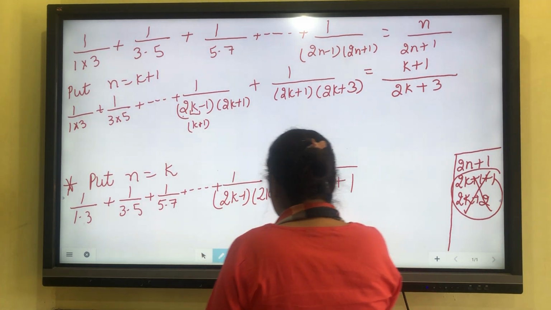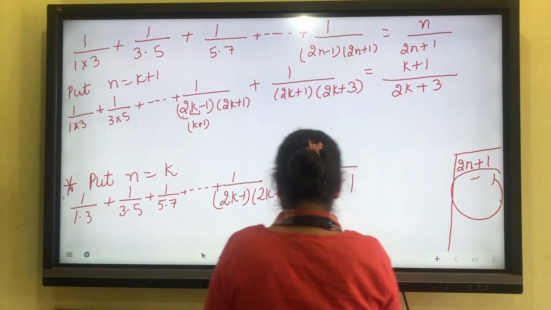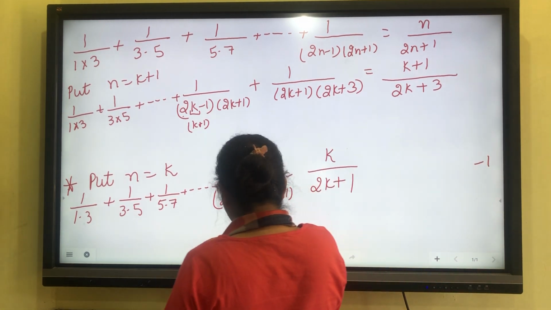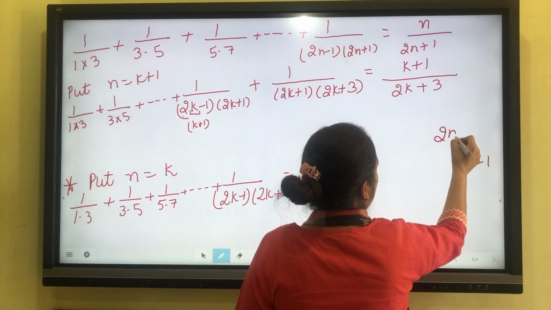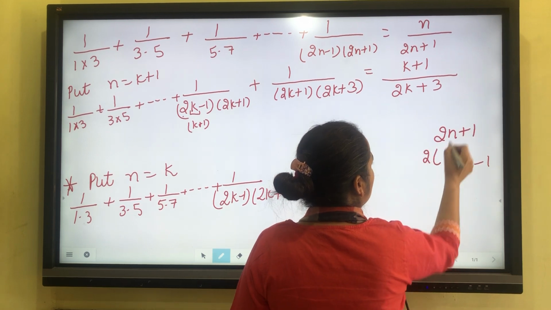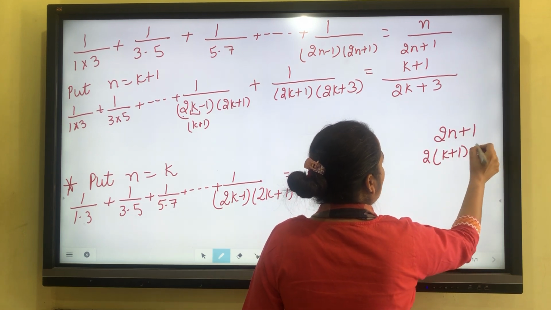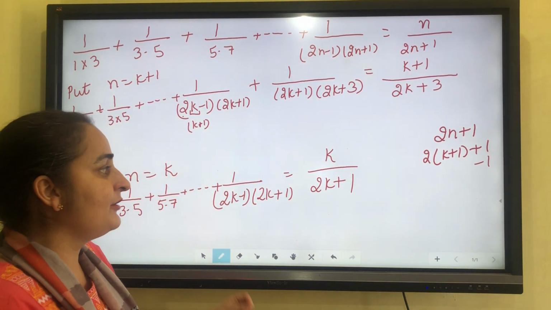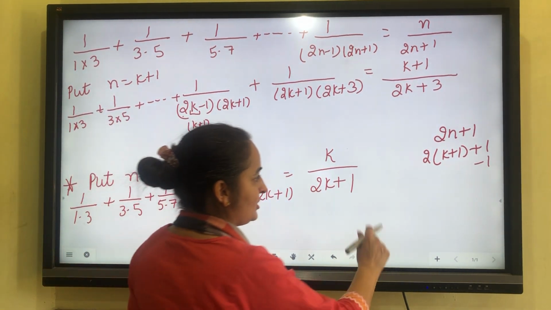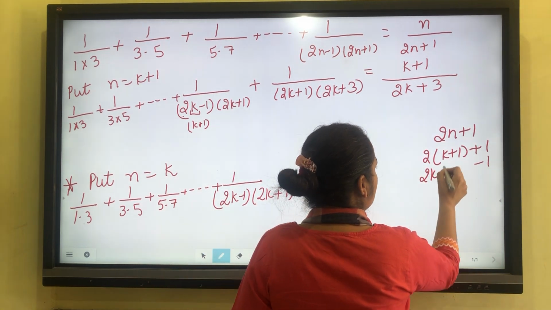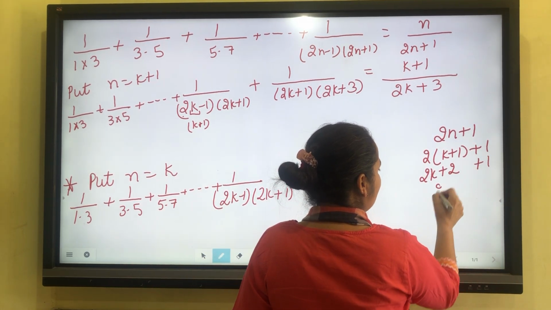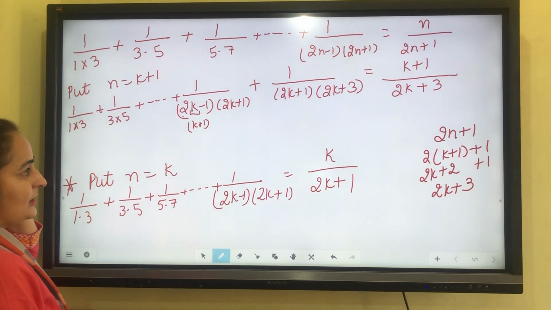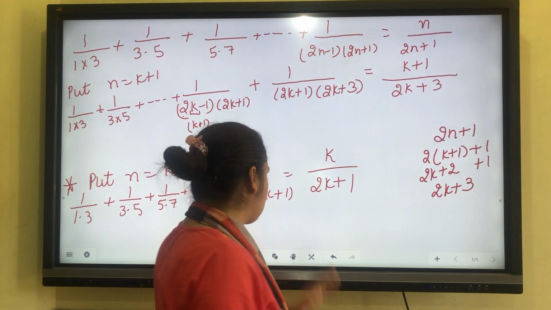How will you fill? 2n plus 1 means 2 into, in place of n, you definitely use the bracket. If you are using the bracket, definitely you won't make any mistake. Now 2k plus 2 and plus 1, that is 2k plus 3. This is how I am writing this type of equation. This is the third step.